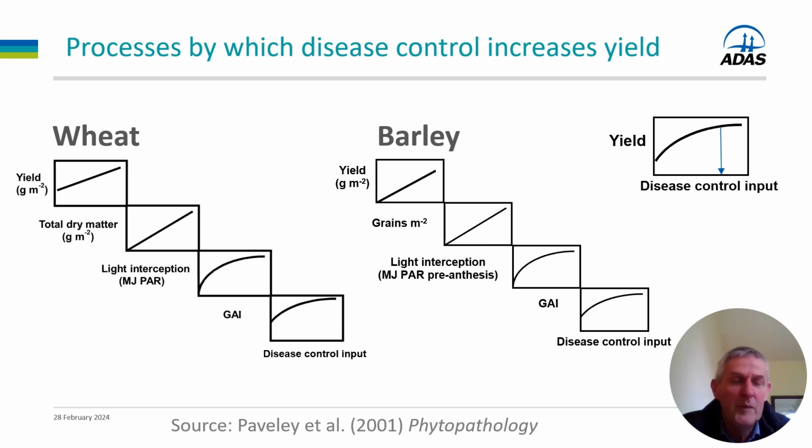which is the number of grams of dry matter produced per megajoule, and that's determined largely by plant breeding and through nutrition. And then we move to the final chart at the top, which shows how the total dry matter accumulated during this period of grain filling relates to grain yield. And we can see again that's a straight line, but it has an intercept at the left hand side.